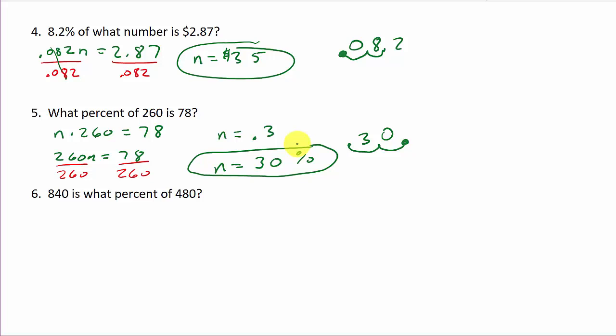All right, now let's see if you got it right. All right, so we've got 840 is what percent? There you go, that's what you're looking for. So that's your n, is what percent of, so that means times 480. And then once again, let's just write this, 840 equals 480n.